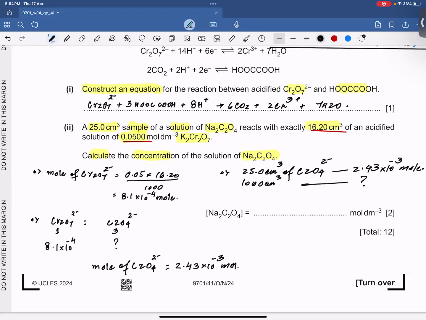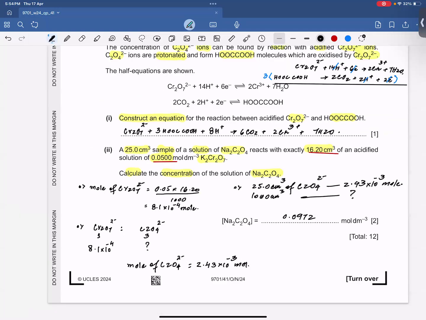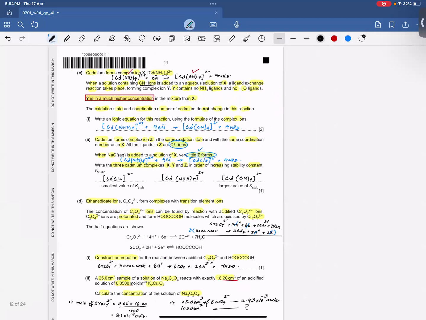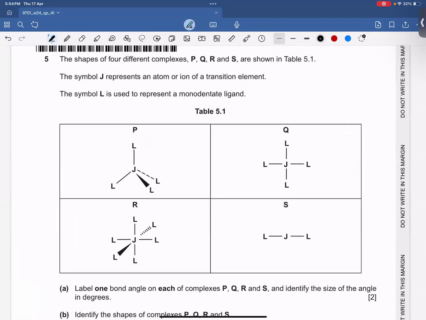Into 1000 divided by 25, I'll get what? 0.0972 mole per dm cube. So that's the end of question number 4. My God, that's tricky. Very, very tough. Oh God. Question number 5.